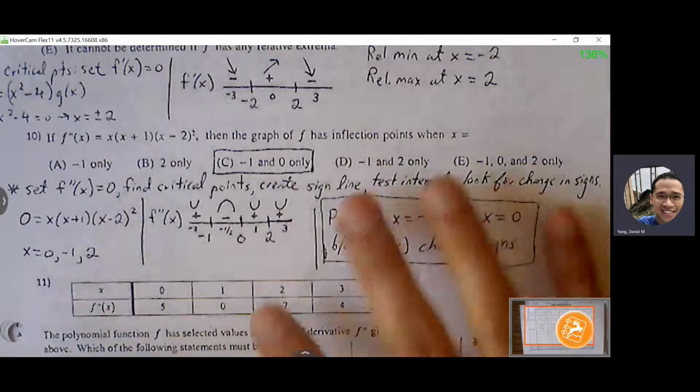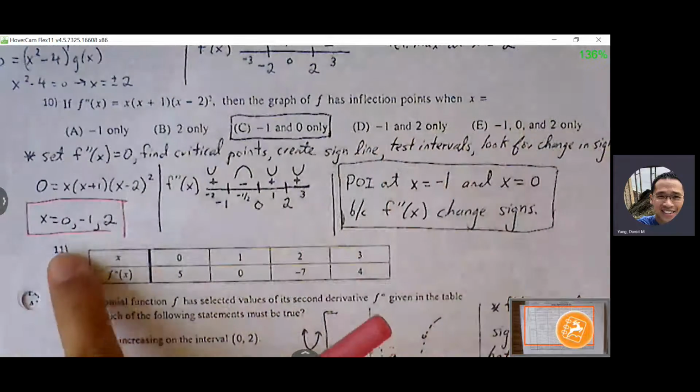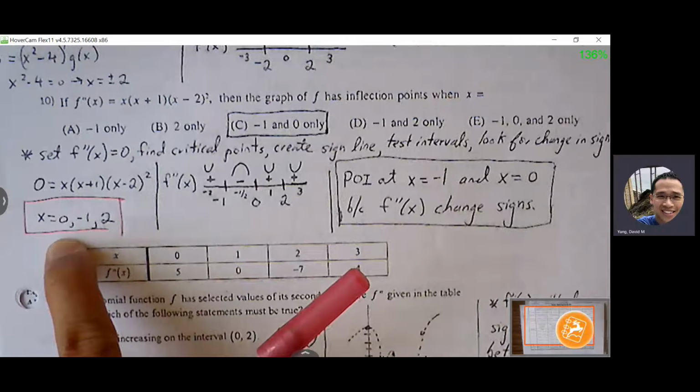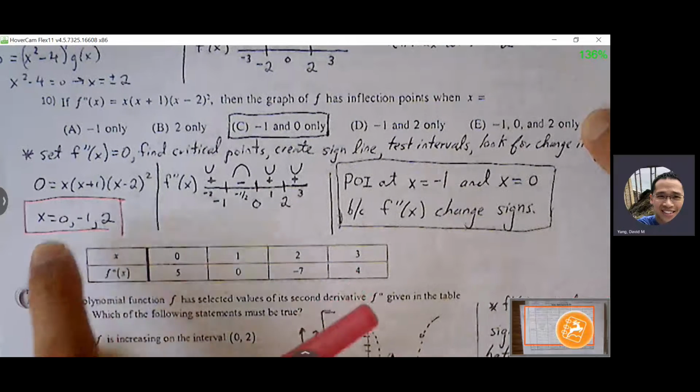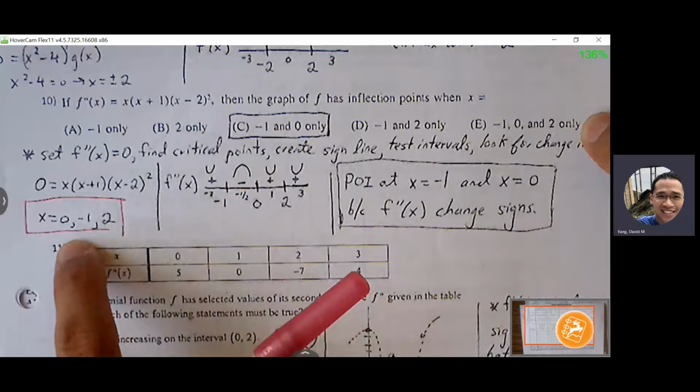They know to set equal to 0. But then once they solve for x, I see a lot of students just stop and say, okay, I have my x values, so those must be my points of inflection. But at this point, you haven't gone far enough. You found candidates for points of inflection, but you haven't confirmed that these are inflection points yet.